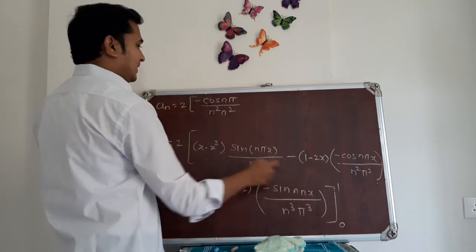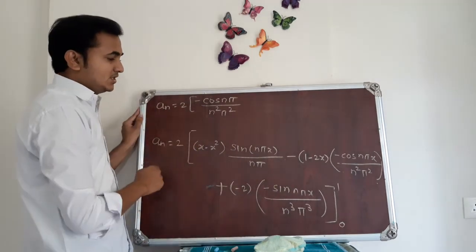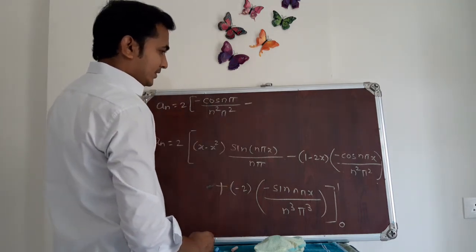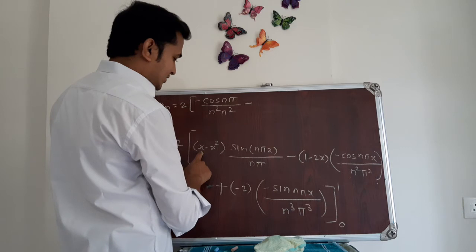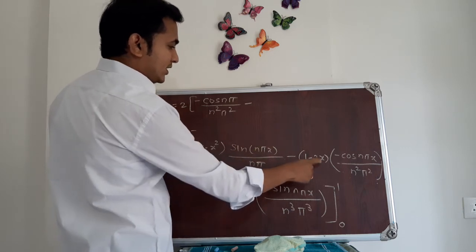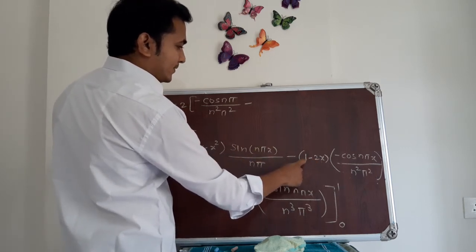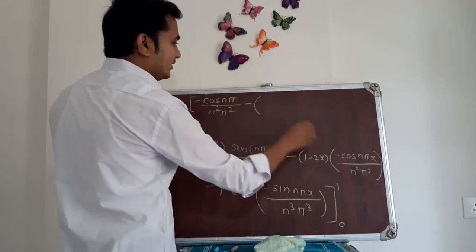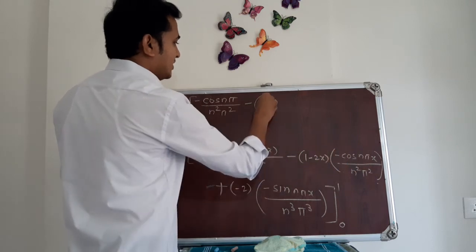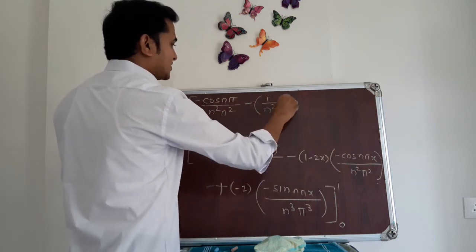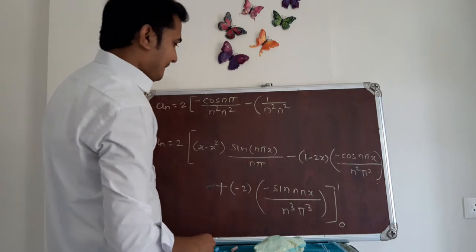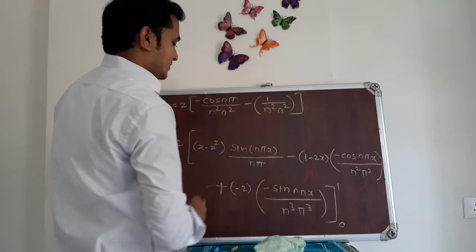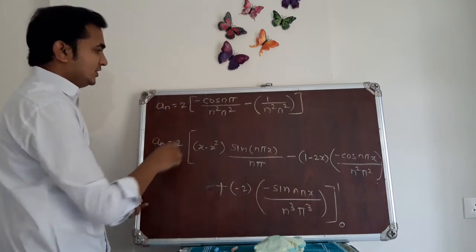So for upper limit only this term survives. All right, minus lower limit. So here x is 0, so everything is 0 here, so 1 into this minus becomes plus, cos 0 is 1, so 1 upon n square pi square, and sin 0 is 0, right, so only this term survives.